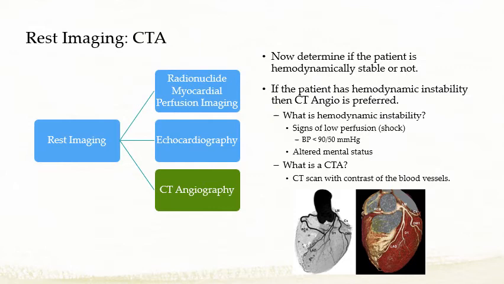If the patient is not hemodynamically stable, well, then we have to go to CT angiography. Okay, and so signs of hemodynamic instability would be a low blood pressure, or the patient's going through shock or altered mental status. And it's basically just a CT with contrast of the blood vessels.